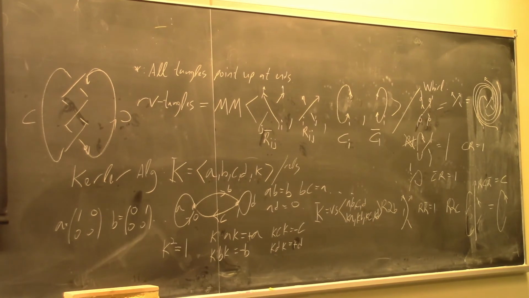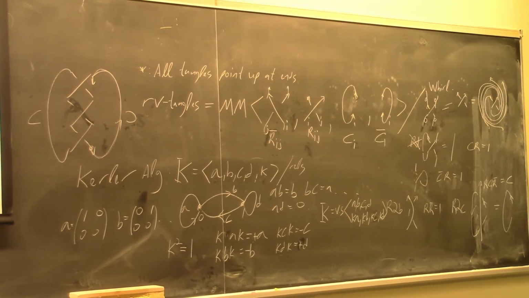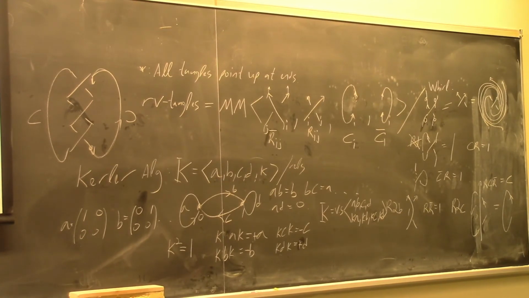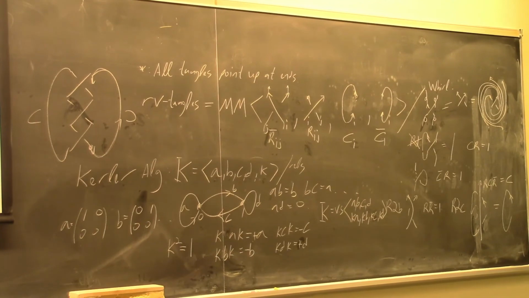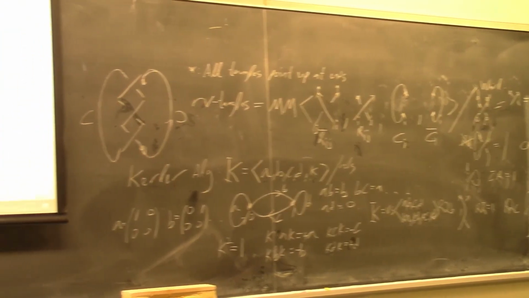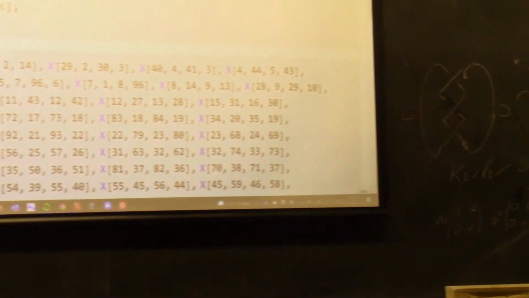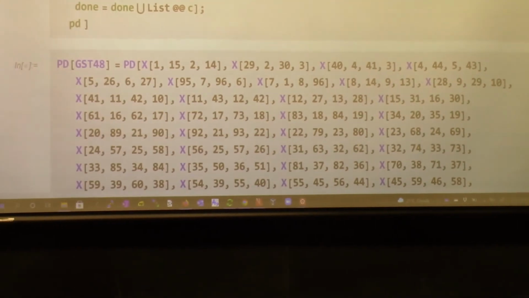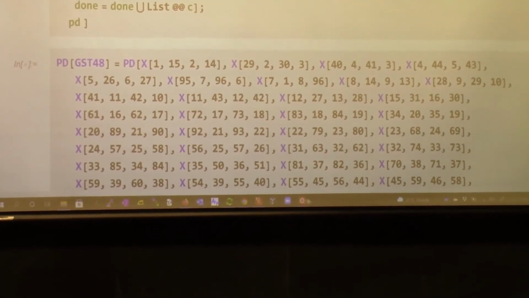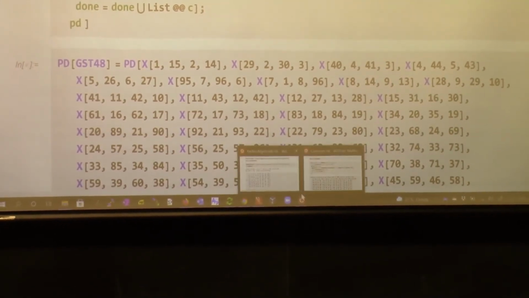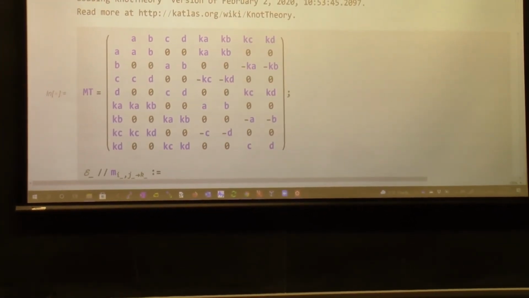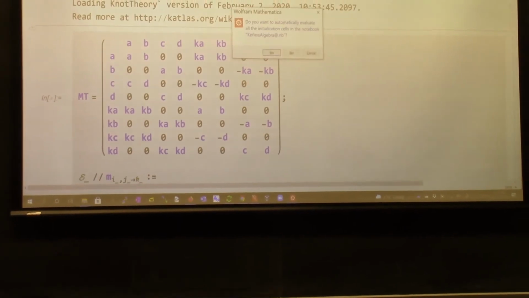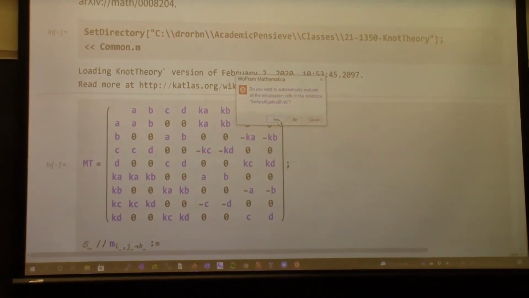I want to show you an implementation of this algebra. The order is, I'll implement the algebra, and then I'll go back to knot theory. The implementation of the algebra is rather easy. Let me execute the first line, even though it's still just about knot theory.